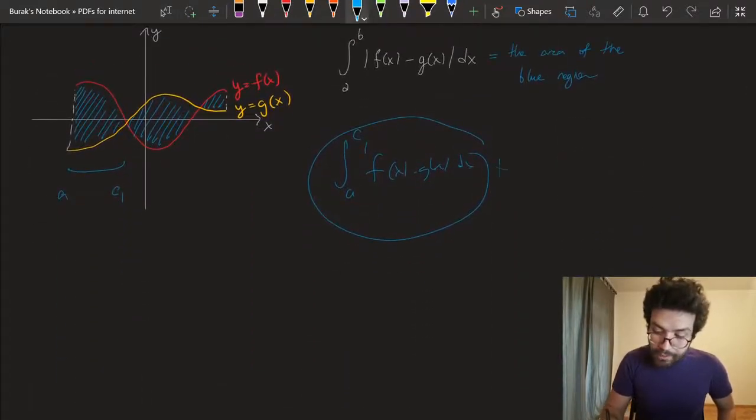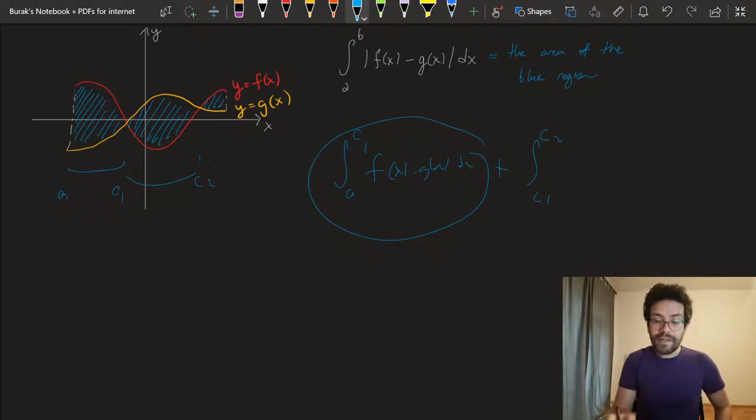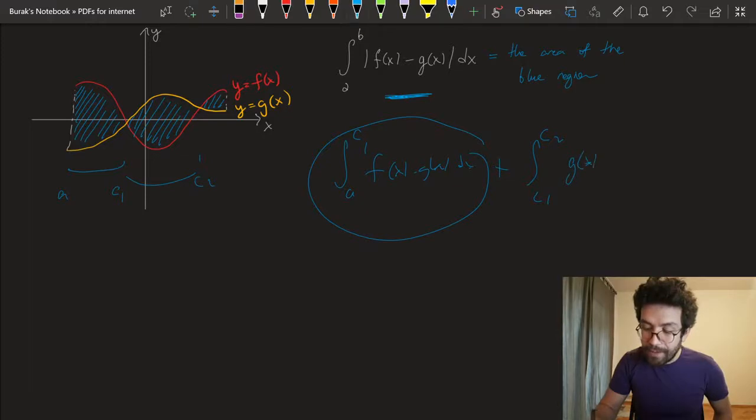Okay, now what's going to happen over the next interval? Let's say that this point is c2. Then on this interval, g is bigger than f, which means that f minus g is going to be negative. So when I try to get rid of the absolute value, it's going to come out as g of x minus f of x.